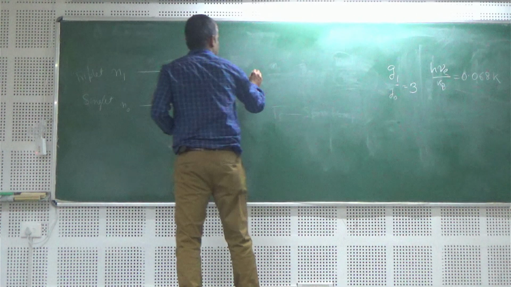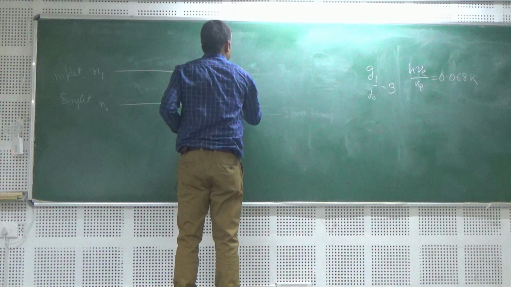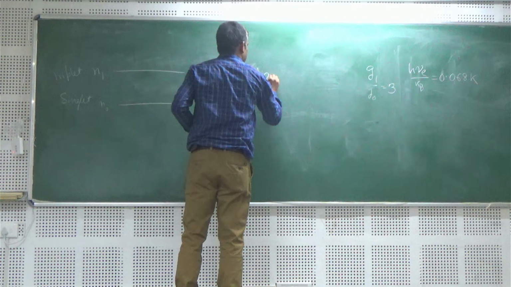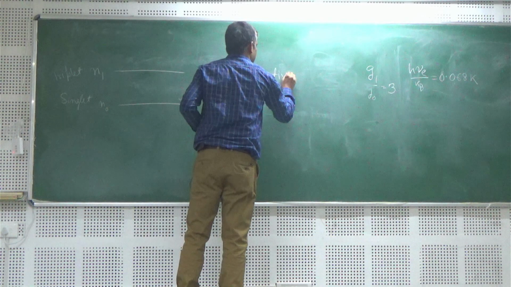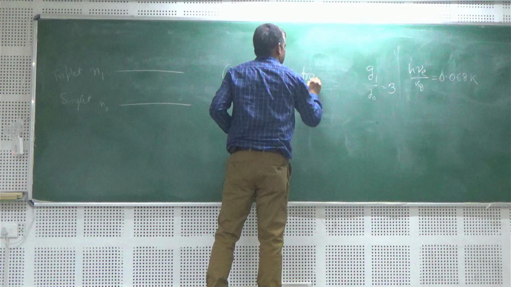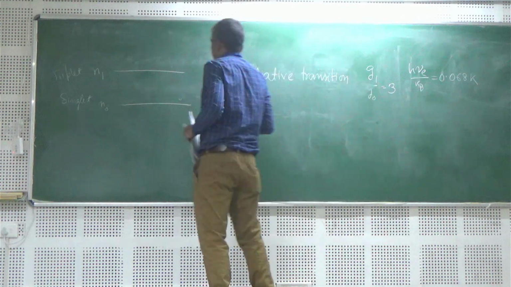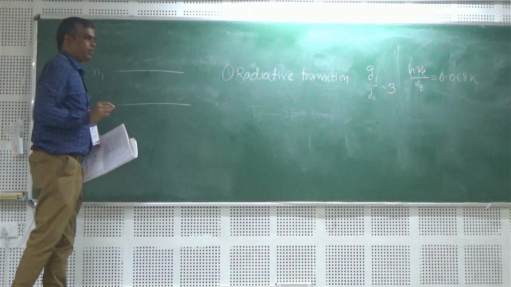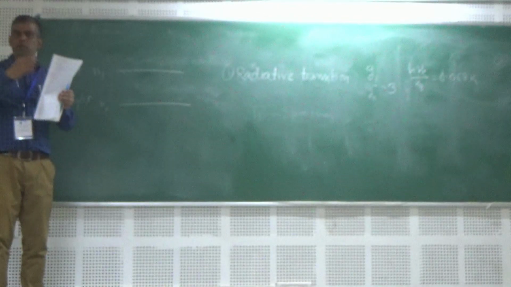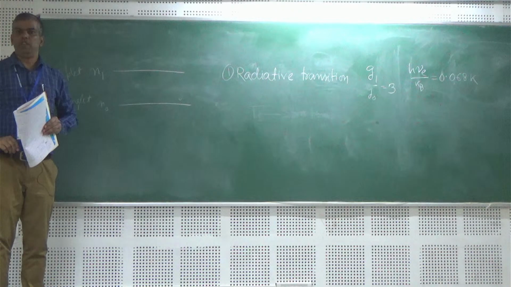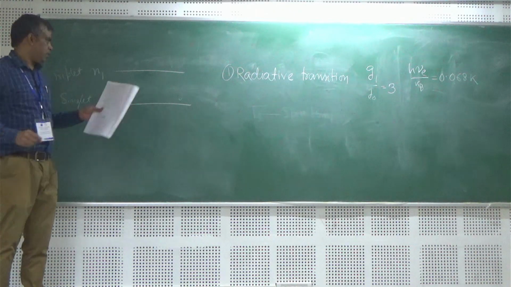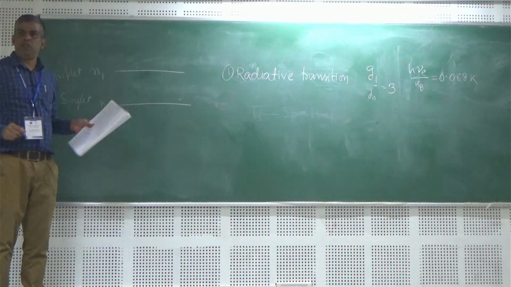The first process is radiative transition. Let's say you have background radiation corresponding to the 21 centimeter frequency in the rest frame of these atoms.